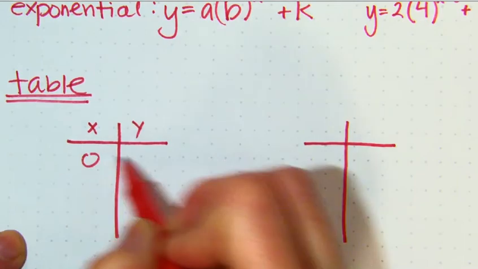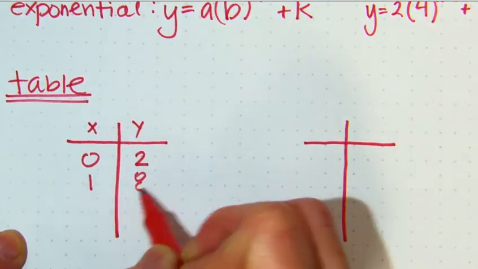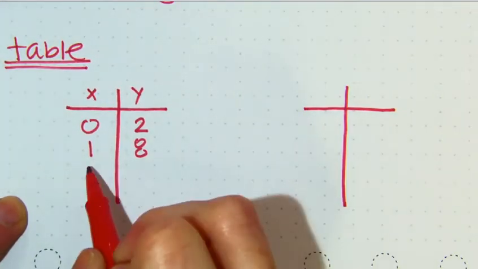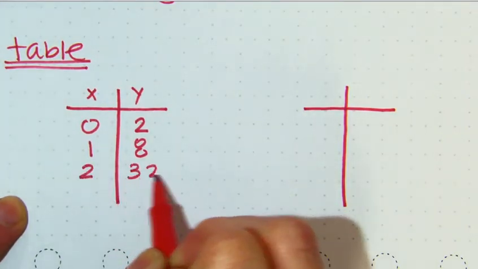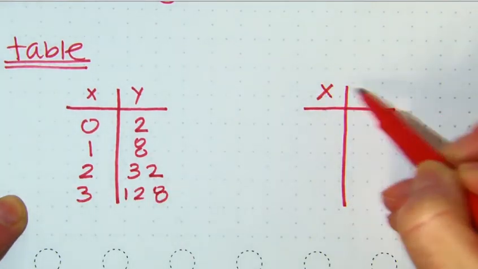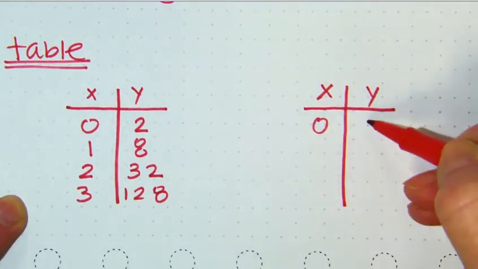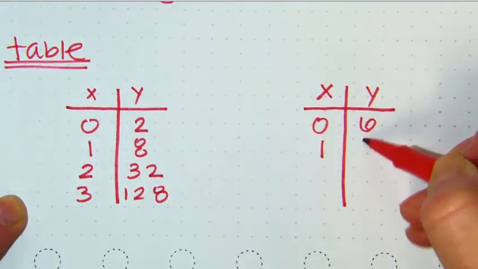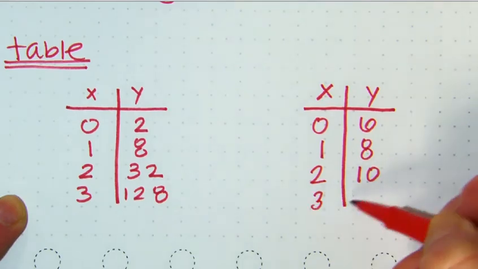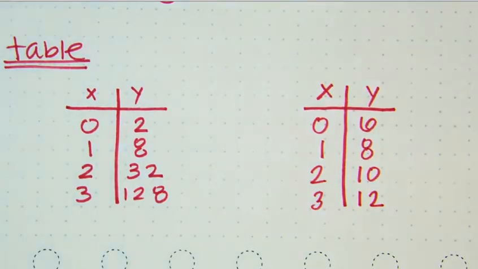All right, so here's our first table. And here's our second one. Get those copied and then take a second and see, can you figure out which one would be exponential, which one would be linear?